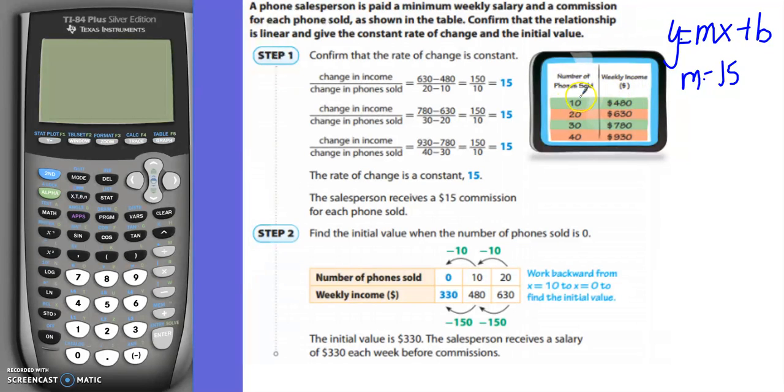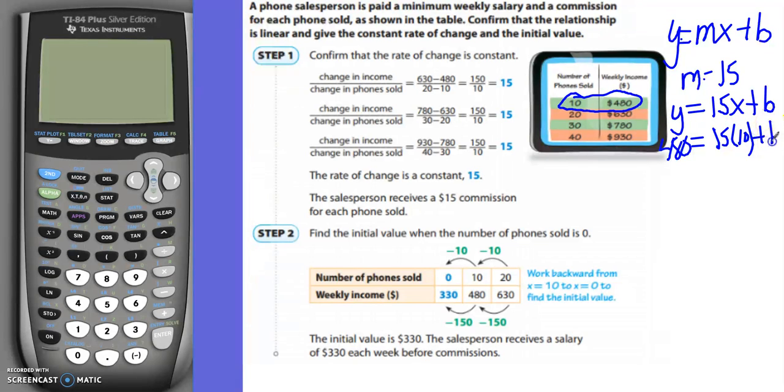way to do it. We could take the first ordered pair, 10, 480, and we could plug it into the equation. So if we had y equals 15x plus b, my x is 10. I want to become 480.